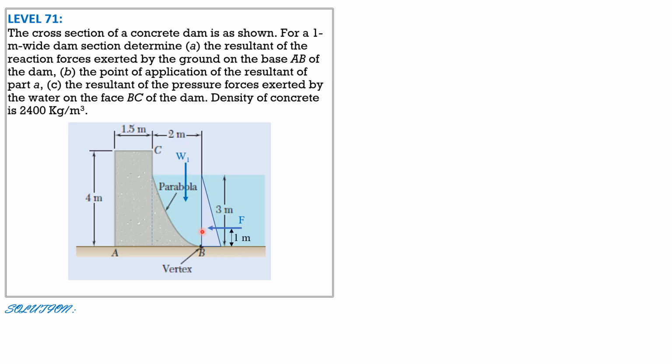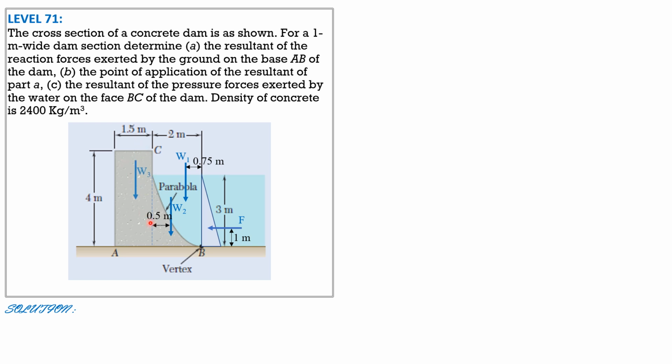And this is weight 1, the weight of water, which is represented by the weight of water inside the parabolic section. So this distance is 3/8. Remember the centroid formula, 3/8 of 2, which is 3/4 or 0.75 as shown. Then we have weight 2, and this distance is 1/4 of 2, so 0.5.